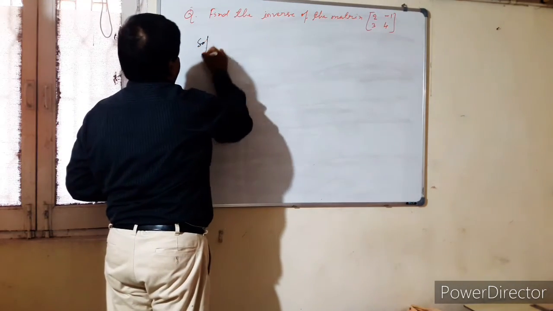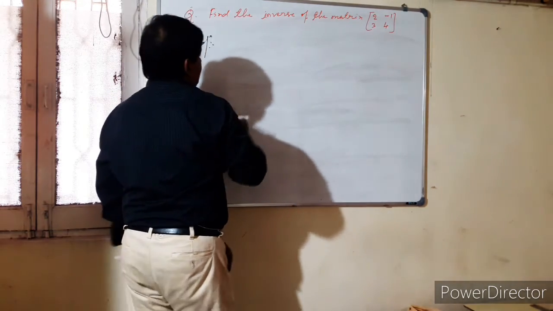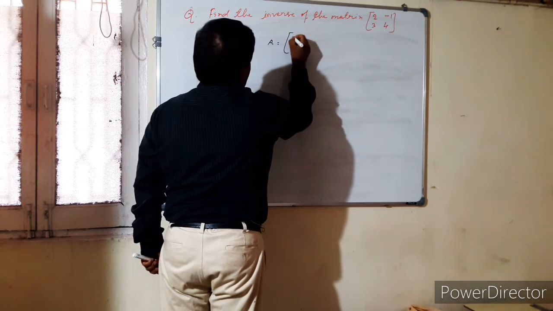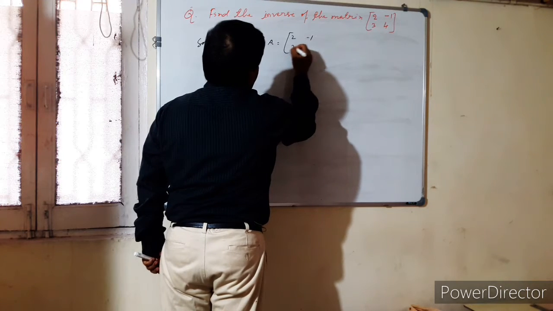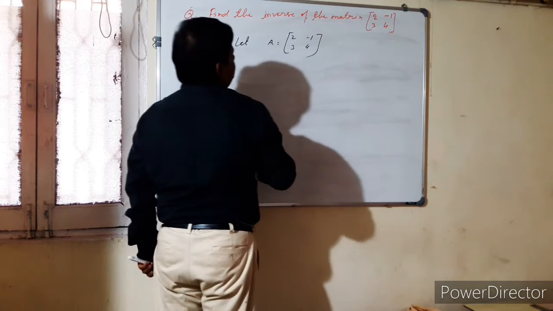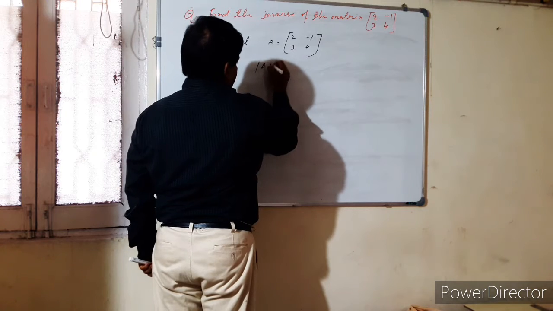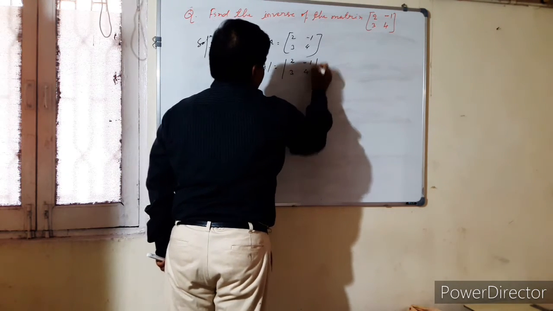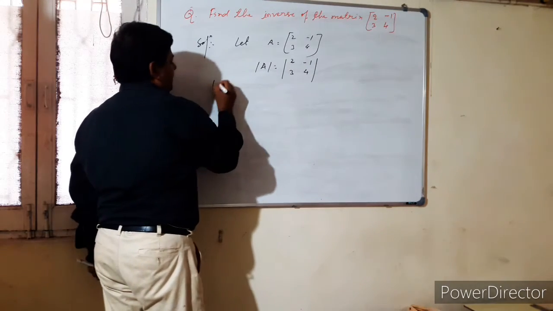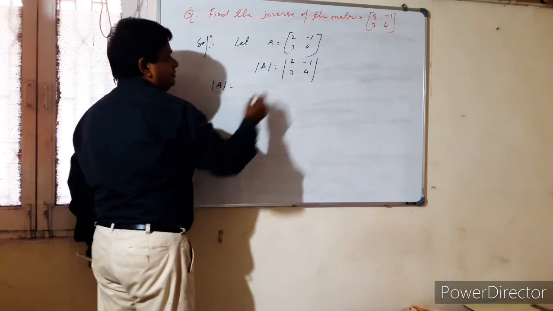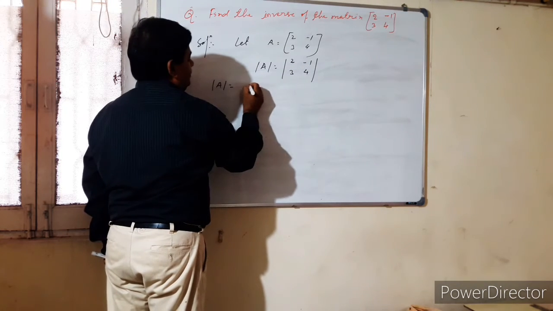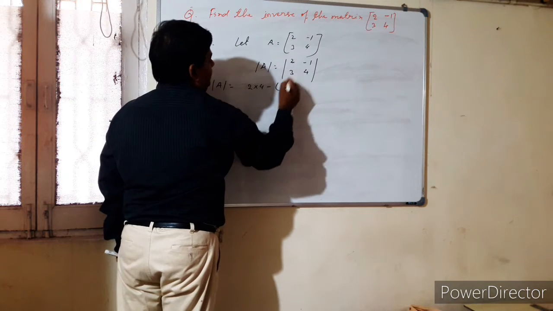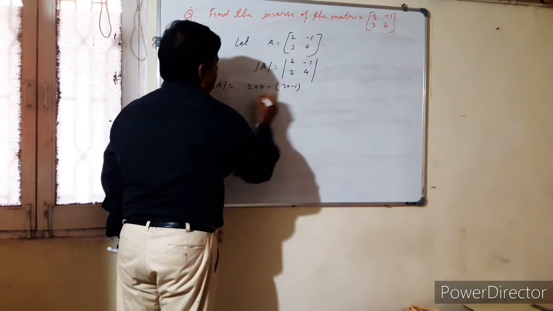So let A be the matrix 2, 3, minus 1, 4. So determinant A is equal to 2 into 4 minus, according to the rule, 3 multiplied by minus 1.